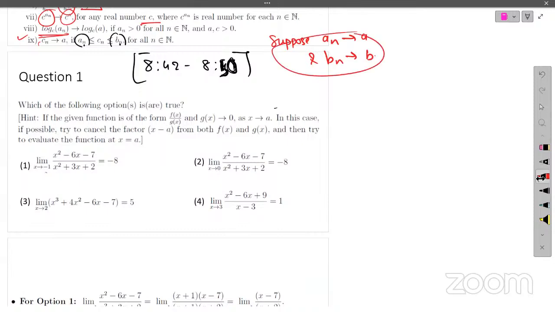If you lose this condition, then you cannot imply that an plus bn will converge to a plus b. It is important to have these two limits. So if an converges to a and bn converges to b, then only can you imply that an plus bn converges to a plus b. But you cannot go in the other direction; this direction does not work. For that, I have taken the example of 1 minus 1. Okay, ma'am, so vice versa is not true. Only one direction is true. Understood. Thank you.